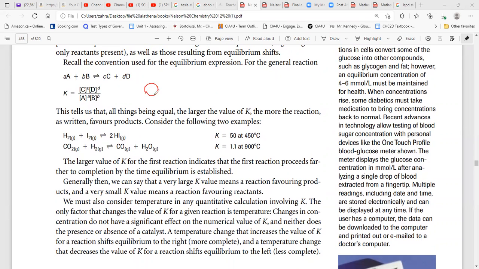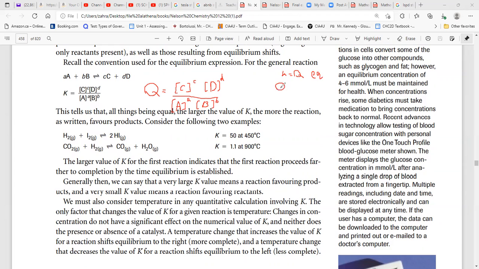When equilibrium is not reached, we call it Q. The Q constant is the same thing, but with the concentrations of C and D, which are your products, each to the power of its coefficient, divided by the concentration of A to the power of its coefficient and B to the power of its coefficient. When Q and K are the same, we say equilibrium is reached.